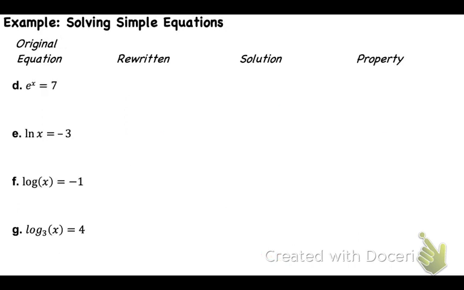Okay, so e to the x equals 7. Well, I can't get to the x to solve for it, can I? Can you make 7 basically?